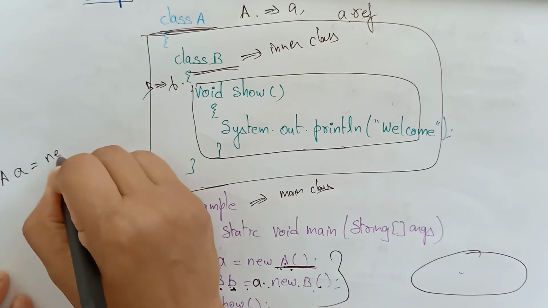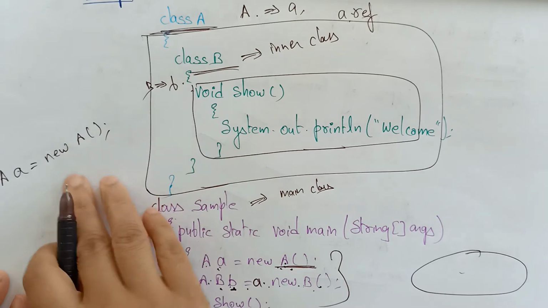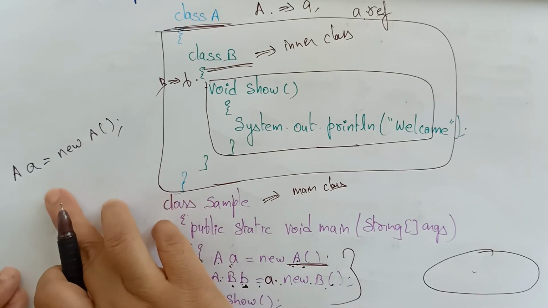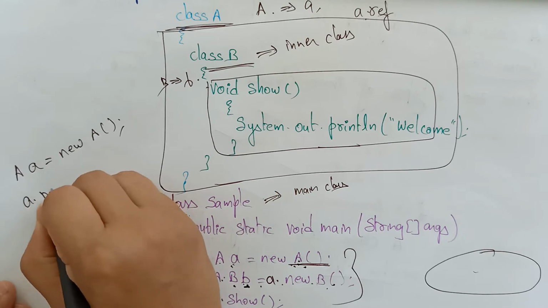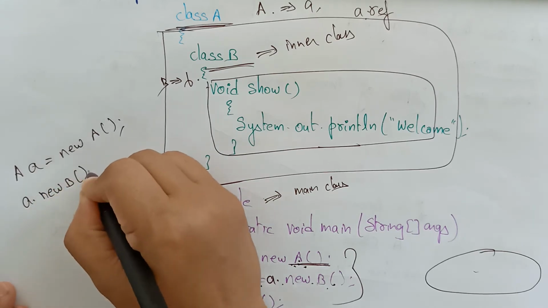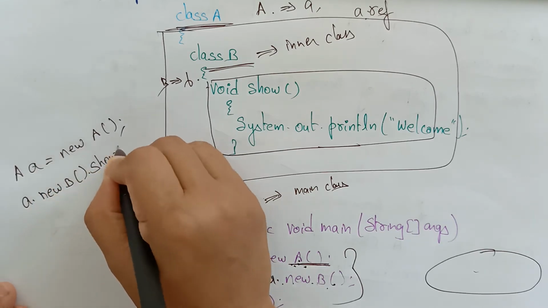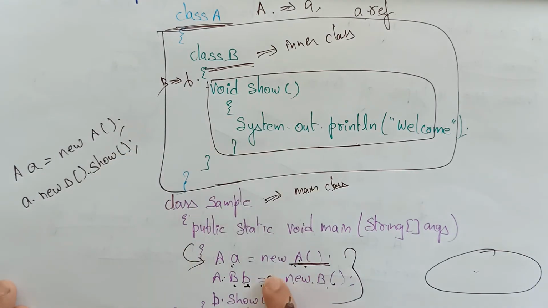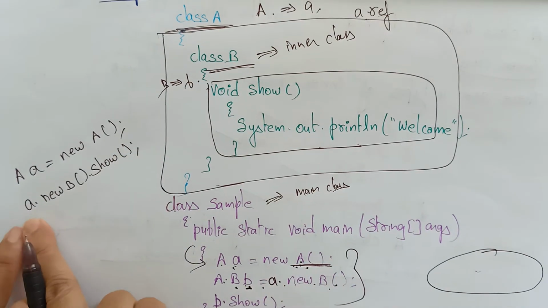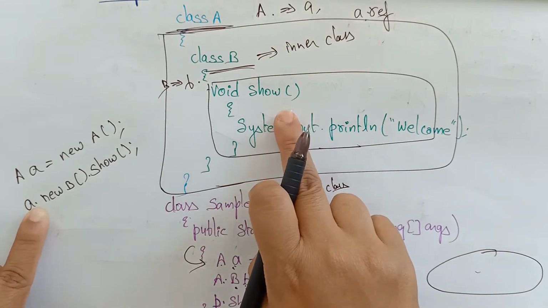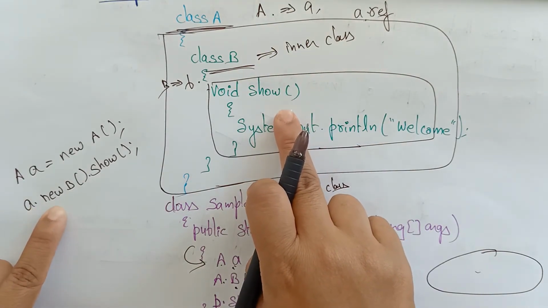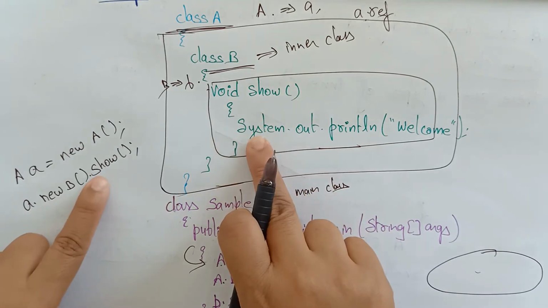New A, an A object is created with an A reference. Now a.new B().show(). So you can write directly like this. Instead of writing these two steps, with the A reference, a new B object is created and I am calling the show method.